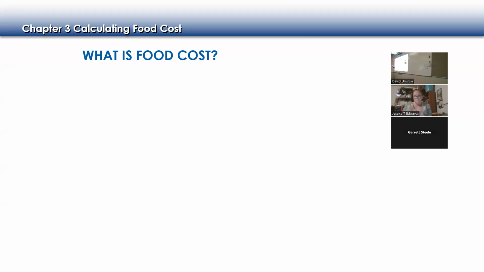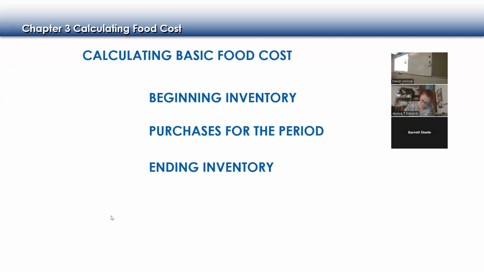It's introduced to the production. When we use it, okay? If it's sitting in storage, it's not part of our production yet, so it's not part of our food cost, okay? So that's how we're gonna calculate our food cost, based on when food is actually used in the production of product.